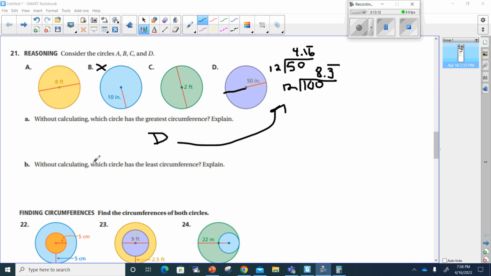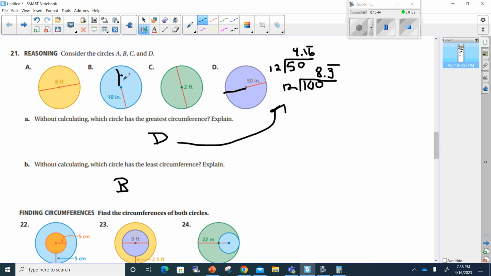So let's go to B now. Without calculating, which circle has the least circumference? All right, well, that was the biggest one. I know that 12 inches are in a foot, so this is really less than 2 feet, right? Because these aren't even 12 inches. So this has to be the smallest one because this is 2 feet. So I'm going to say that B definitely is my smallest one because it has the smallest diameter, right?